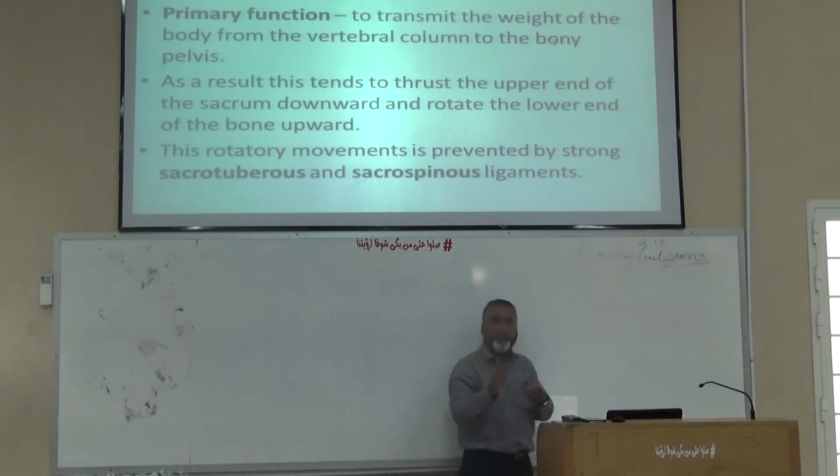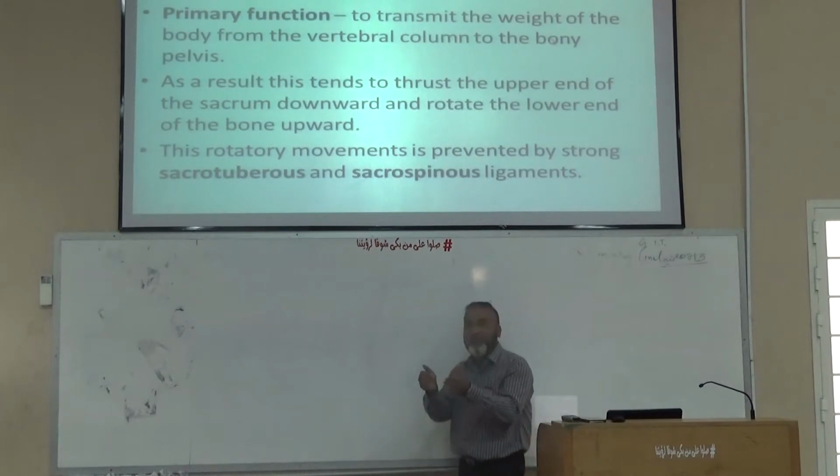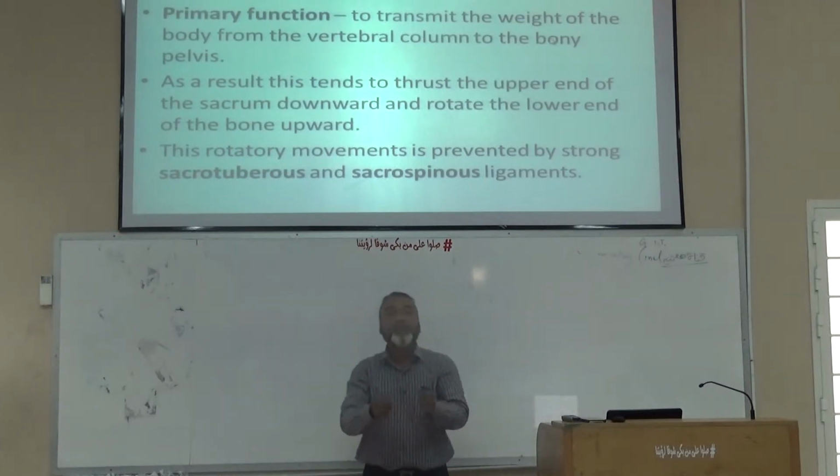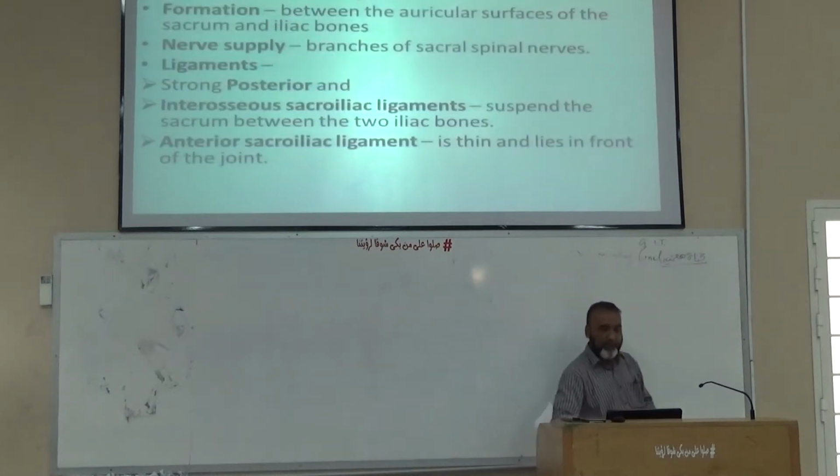The ligaments that we have done: the anterior sacroiliac ligament, behind we have the posterior sacroiliac ligament, and between the two articular surfaces of the sacrum and the iliac on each side, we have the interosseous ligament.